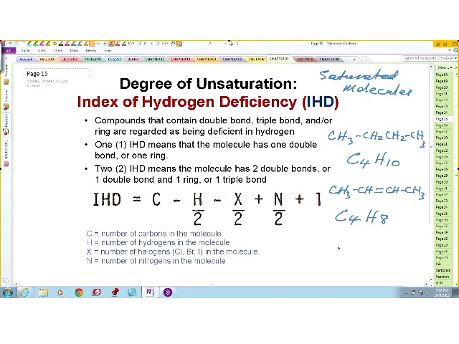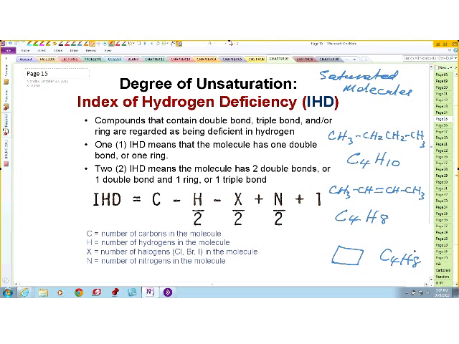Now supposing that I have a cyclobutane, this here. What is the formula for cyclobutane? C4H8. In other words, cyclobutane and butene are isomers.